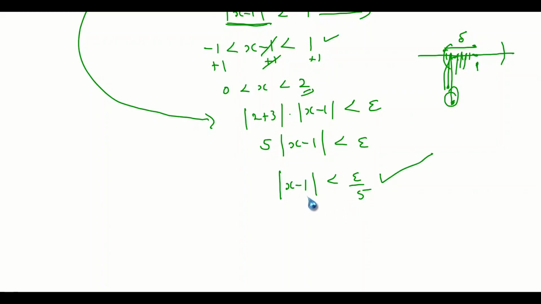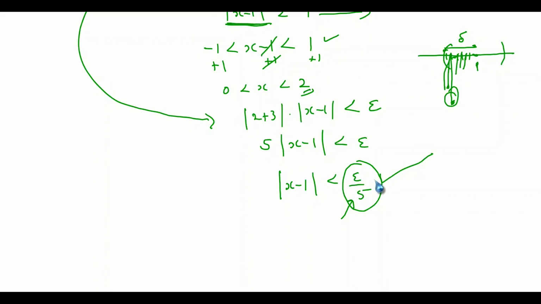If you compare this with the absolute value of x minus a less than delta, you will see that we can choose our delta to be this. But this will not be the only value of delta, because we took a step towards x minus 1. It can be forward, it can be backward, it will be the same thing because it is an absolute value.